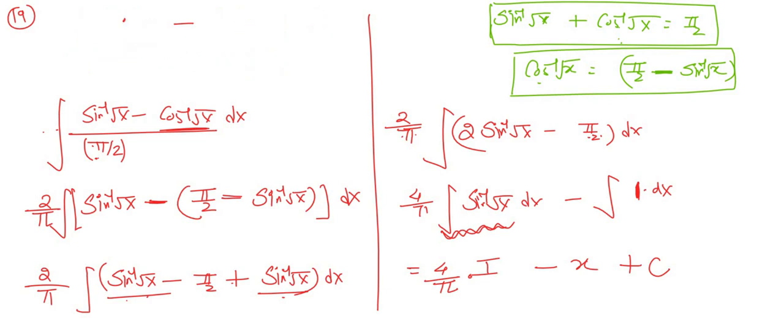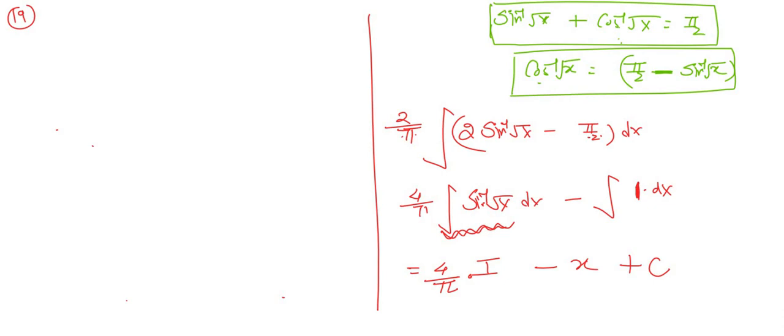Now the question is how to integrate this part. Integration of sine inverse root x. So to integrate inverse functions, how to solve it? See here. Can I take root x as t to make it simple? Okay. So that means x will be t square.